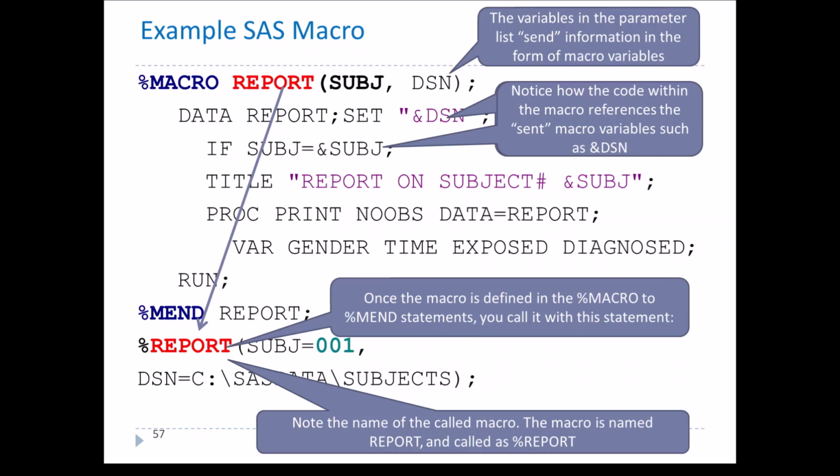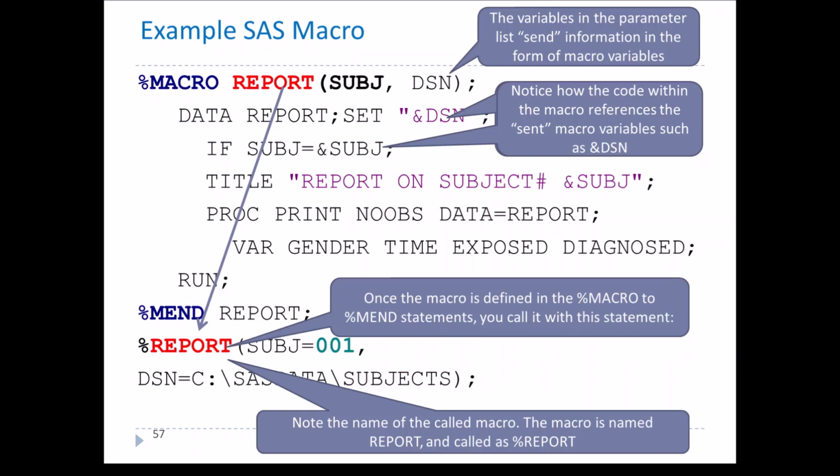So let's look closely at this. So we have data report, set &dsn. Now that's the data set name. And you see that is one of the pieces of information sent as a parameter called dsn, but then I refer to it within the macro as ampersand dsn, just like we did with the SAS macro variables earlier. Same way with subject, subj. I refer to the &subj as it is the value of the macro variable.